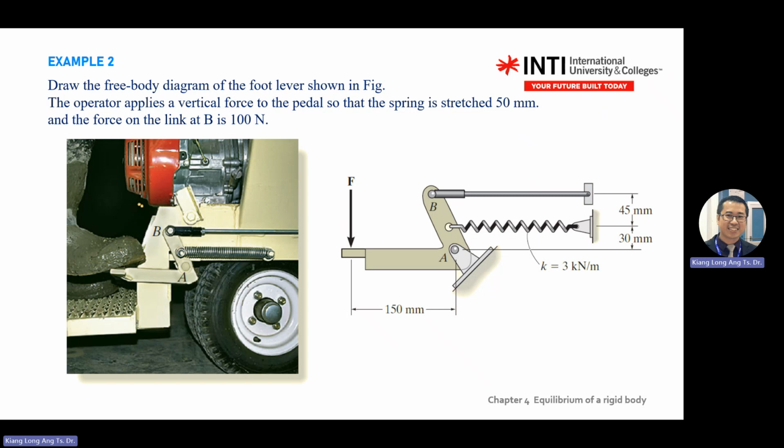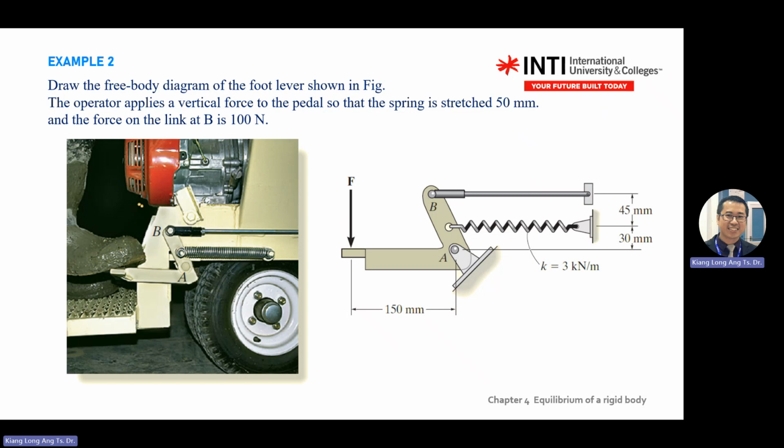You press on the pedals here, so there's a force there. Then there's a link B, and there's a spring. You're given a distance. There's a pin. There's a distance here in mm. The spring here is in kilonewton over meter.